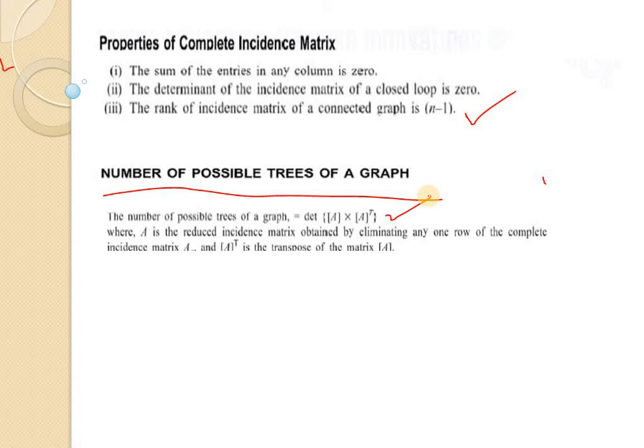Where A is the reduced incidence matrix obtained by eliminating any one row of the complete incidence matrix, and A transpose is the transpose of the matrix A. So in that way we can determine the number of trees of the particular graph.